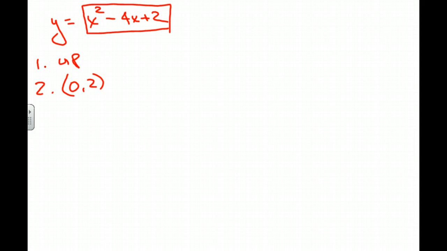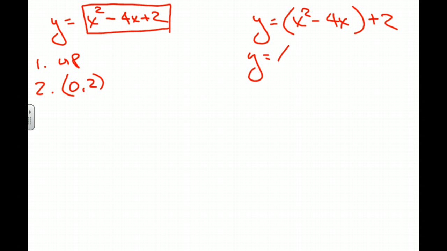All right, next step is complete the square. So, first step is parenthesis. Plus 2. Next step, half of the middle term squared. Whoops. -4.